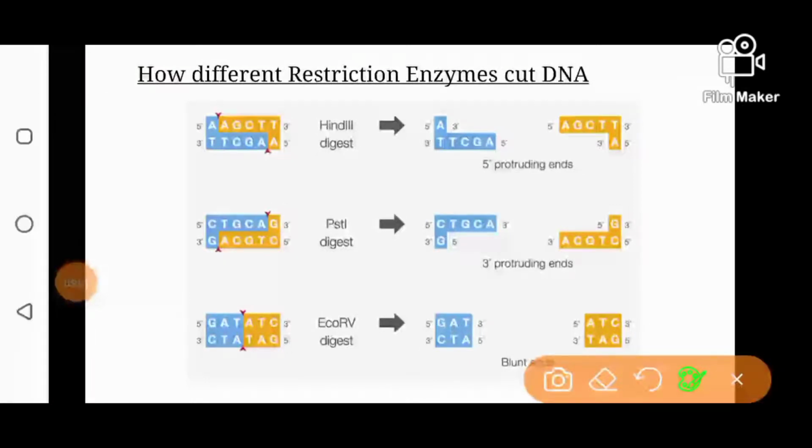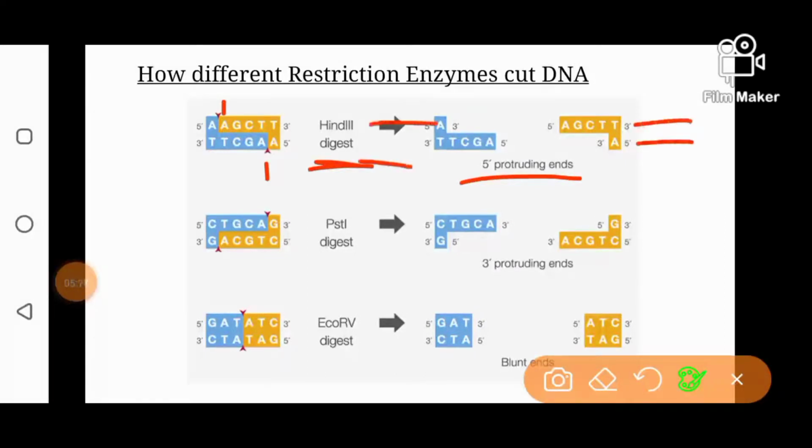If we digest DNA with an enzyme HindIII, it will produce a 5' sticky end. That is, DNA is cut from here and here. So both the strands have an extra 4 nucleotides at the 5' end, and this is known as a 5' sticky end. If we cut DNA with PstI, it will leave a 3' sticky end or 3' protruding ends, like here.